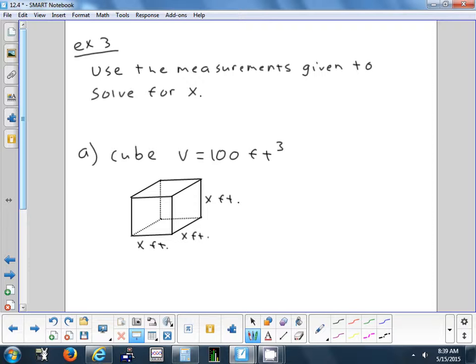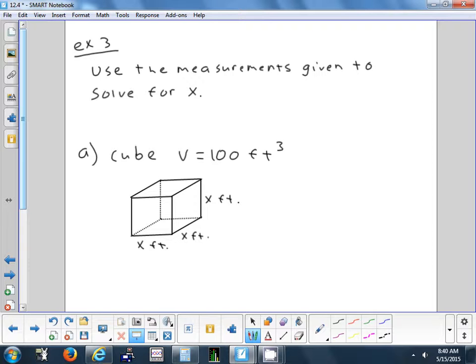Yeah, we need a formula. To figure out your formula, look at the shape you're using, look at the information they're giving you, and then find a formula that relates this information and this shape. So we're dealing with volume, and the shape is a cube. So let's write down the formula for a volume of a cube. What's our formula for the volume of a cube?